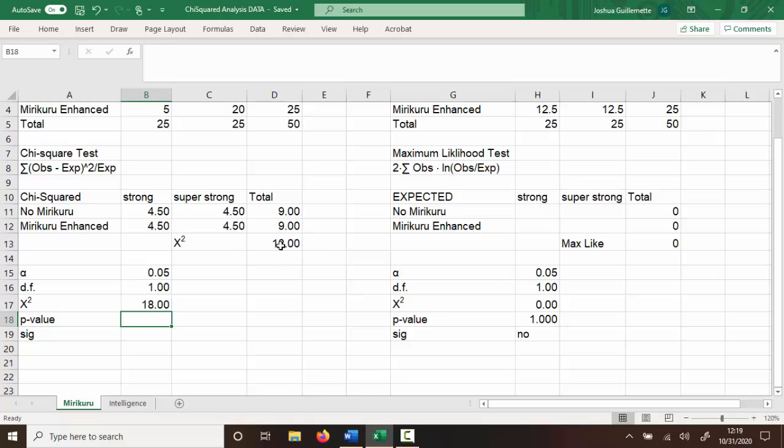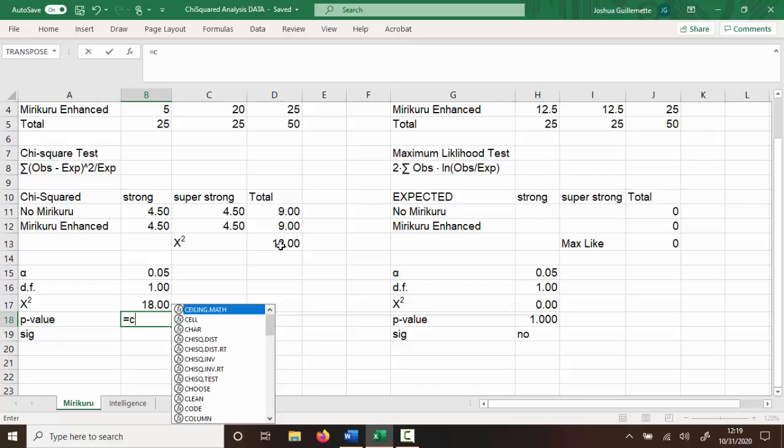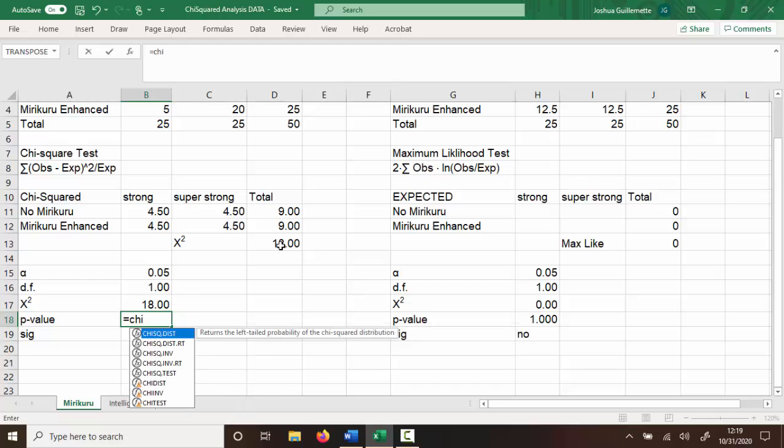Now to calculate the p-value, the probability of this happening at random if there's no independence, we're actually going to do a chi-squared distribution, right? We're looking at that chi-squared distribution. But this is a right-tailed test, okay? Because we're actually looking to see if it increases strength. So we're in the right tail here.